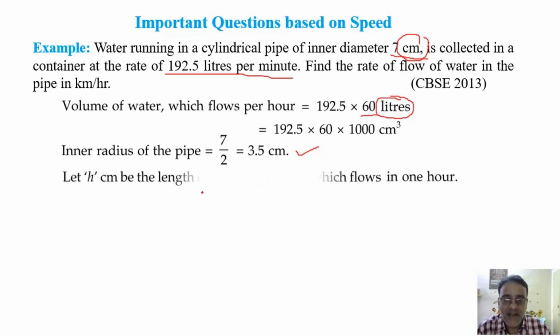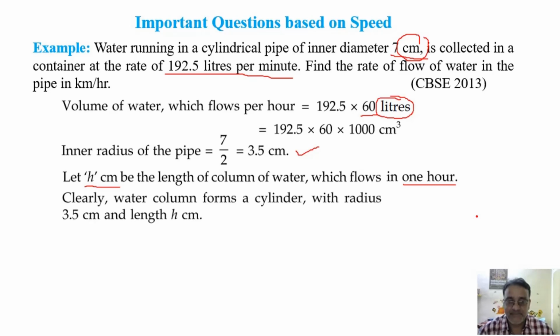Let h be the length of the column of water which flows in 1 hour. The water flowing through the pipe will take the shape of a cylinder with radius 3.5 centimeter and length h centimeter.